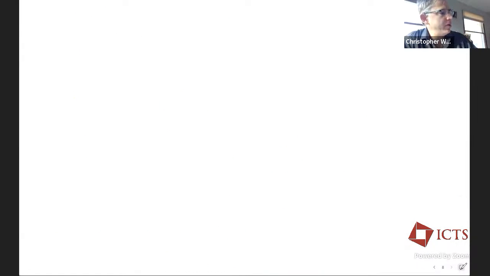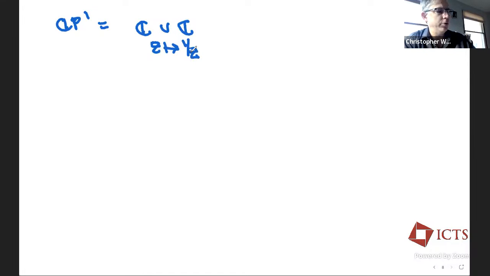I think of CP1 as being given by two copies of C modulo the identification map Z goes to 1 over Z away from 0.